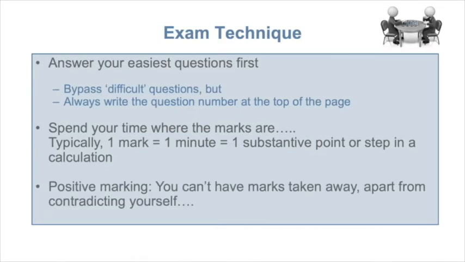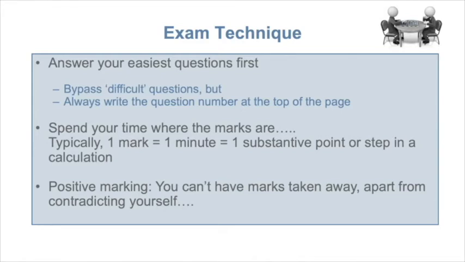And finally, the CII adopt a positive marking approach, so you can't have marks taken away unless you contradict yourself. Remember on the question meanings before, we looked at those explain and describe questions, those technical questions linked to products and processes.